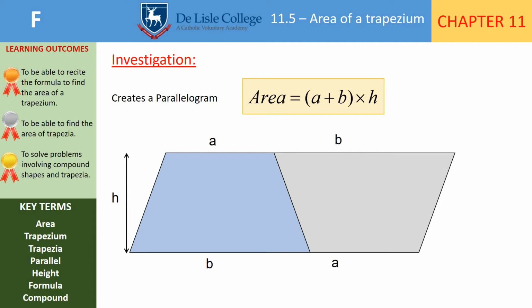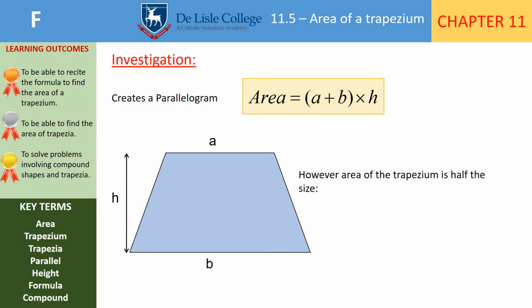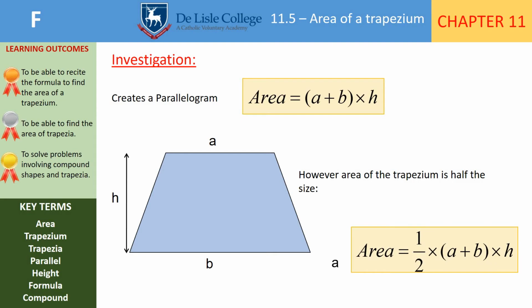Now, the trapezium is only one of those shapes, isn't it? Half the size. So therefore, the area is half times (a plus b) times h. And that's something you need to copy into your books. So you need the shape, and you need the box on the bottom right hand side for the area. Pause the video while you do that.